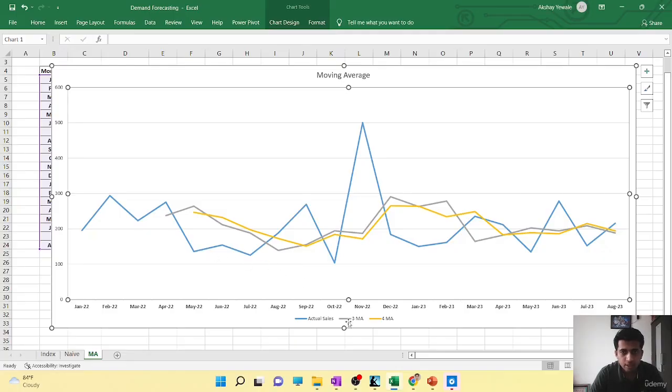If you see the 3 months moving average, it's capturing the pattern more. But the 4 months moving average is slow compared to the 3 months moving average, because the data is getting averaged out, or smoothened out, more.